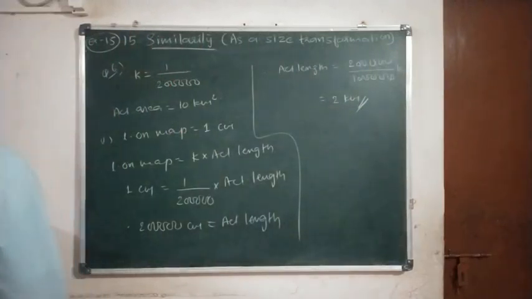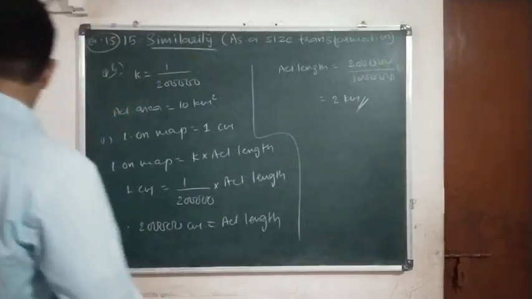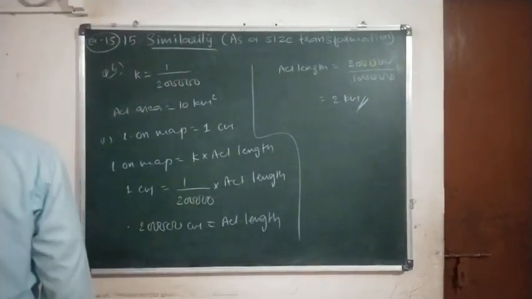Yes or no? Now let us find out the second answer. In this case, area is given. Area on map is 3 square centimeter. We have to find the actual area.